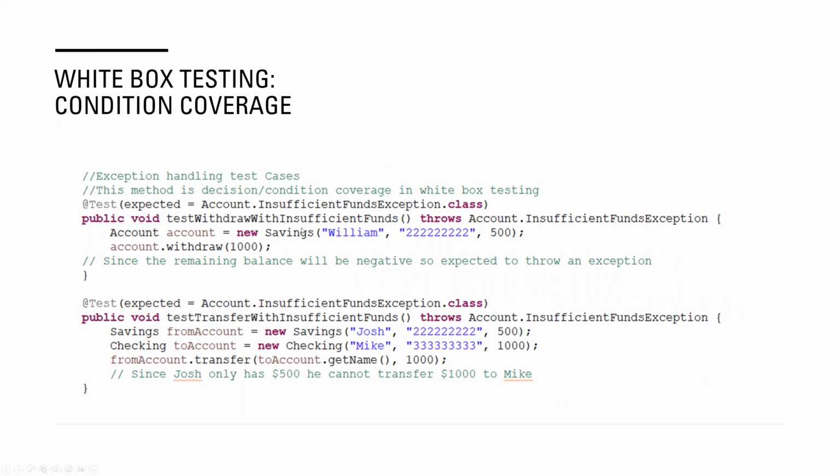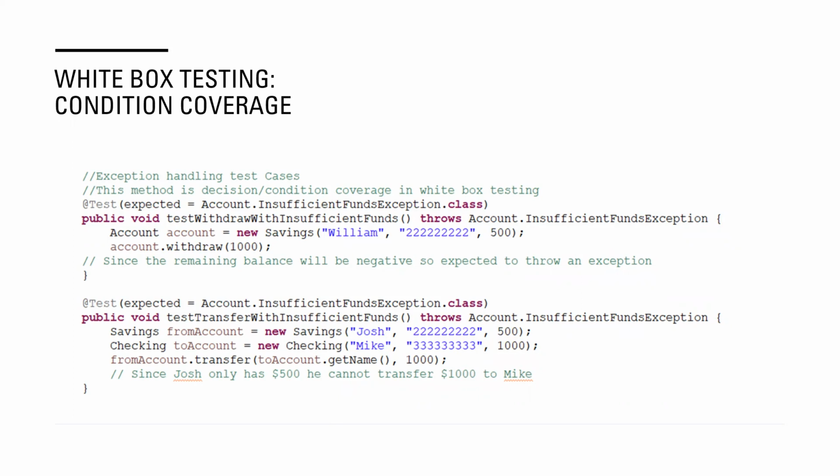Hi. For white box testing, the first case is condition coverage. As you can see in this JUnit test case, in this test withdrawal method, we are testing that if somebody has $500 and they try to withdraw $1,000, our program is supposed to give an error and throw an exception.